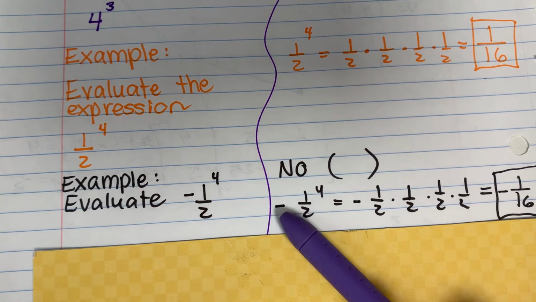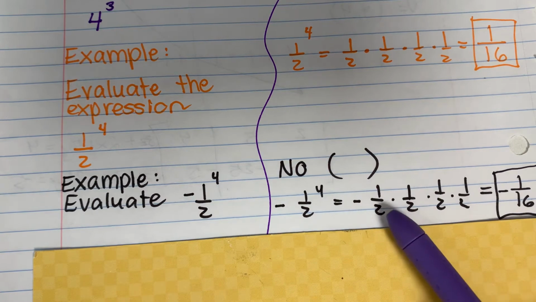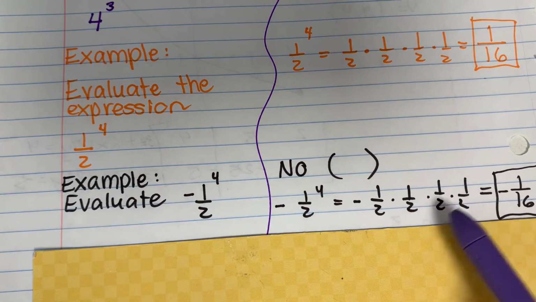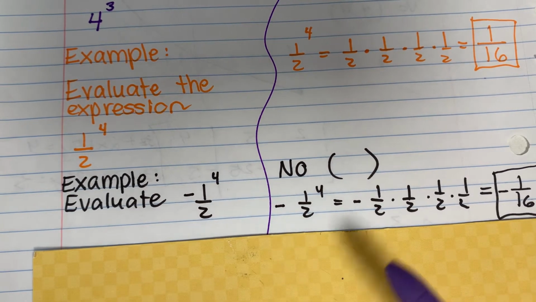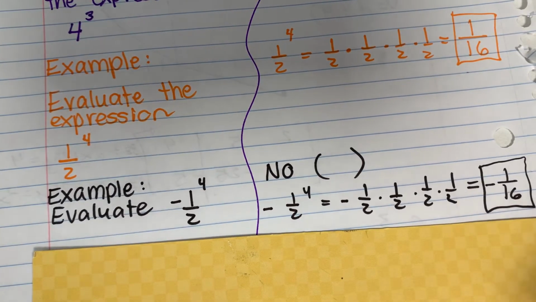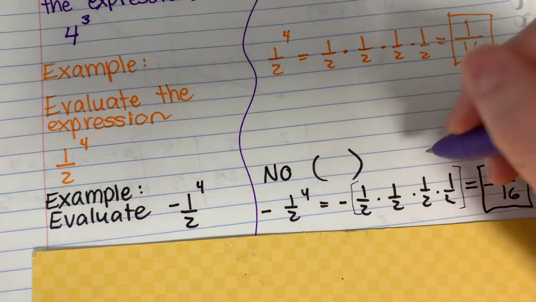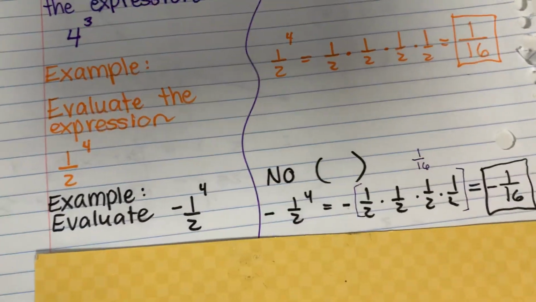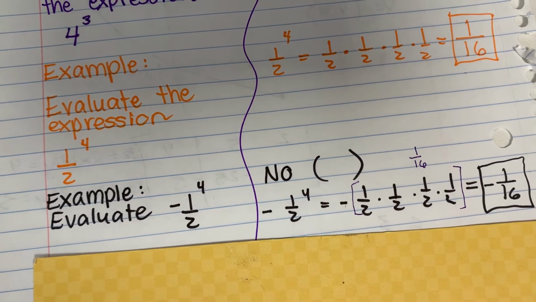So instead of being positive, our answer is going to be negative. 1/2 to the 4th. So negative times 1, 2, 3, 4 1/2s. So whatever this is, this part would have been positive 1/16. Now you multiply it by negative 1. So this is negative 1/16.